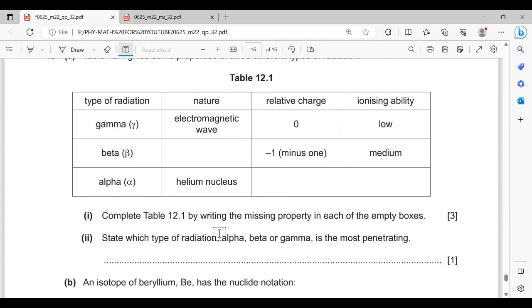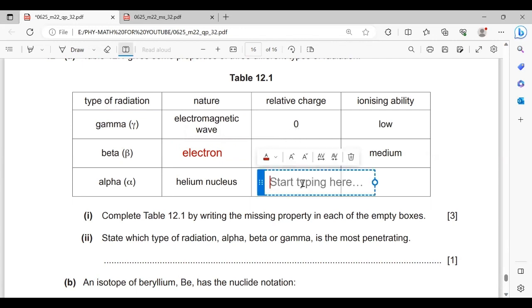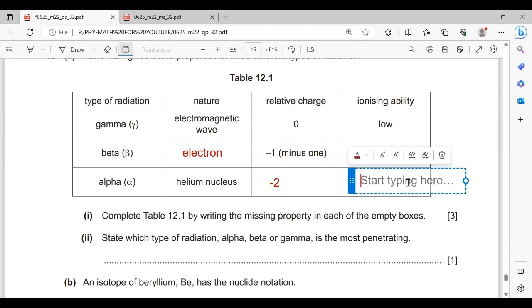Okay, this one first. It means this one is electron, and this is 0, minus 1, minus 2. This, minus 2. And yeah, of course, it is high.